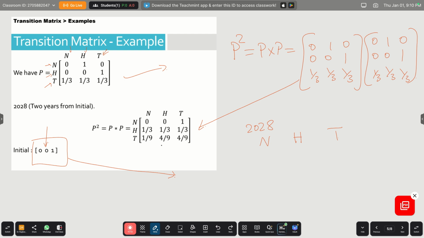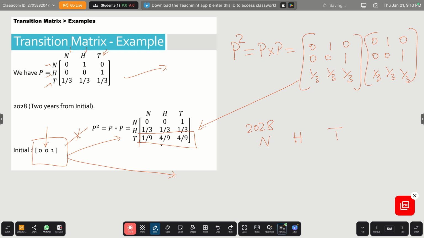Once this initial vector is multiplied to P square, since the third position is 1, you will have the third row in the result. What I am asking you to do is multiply the initial vector to P square.